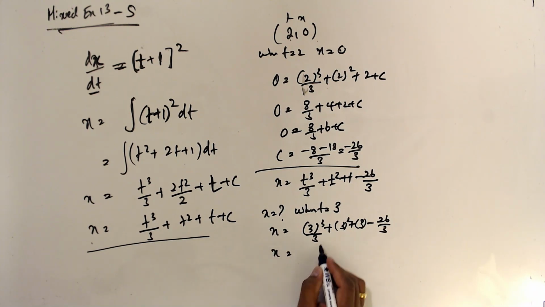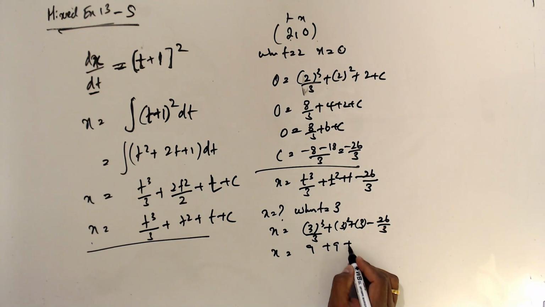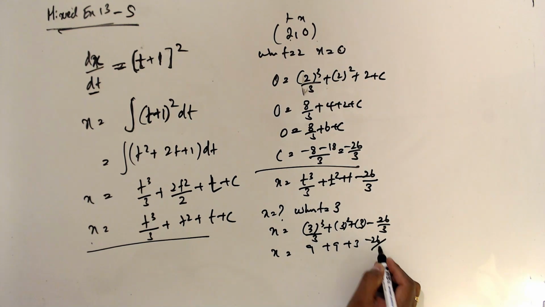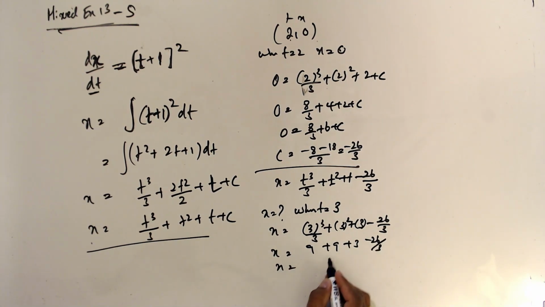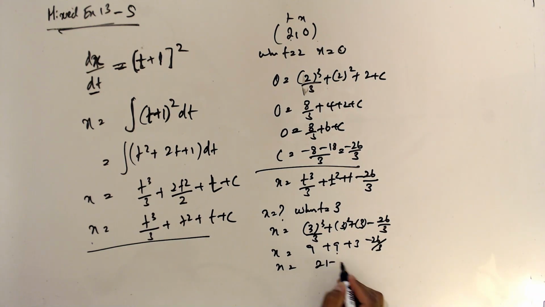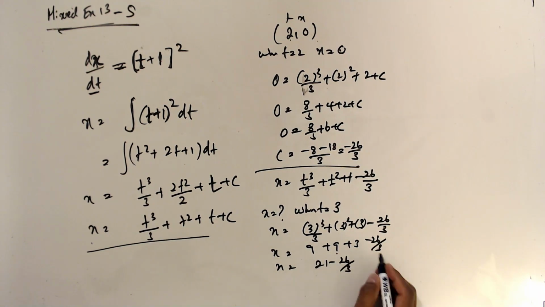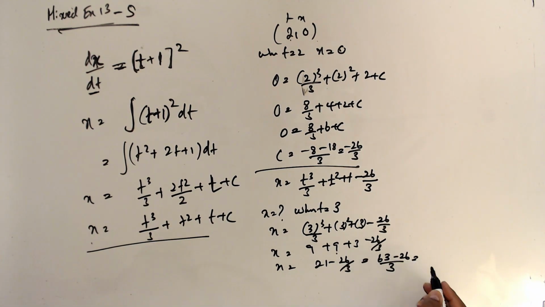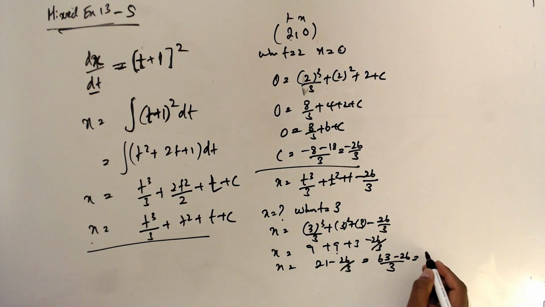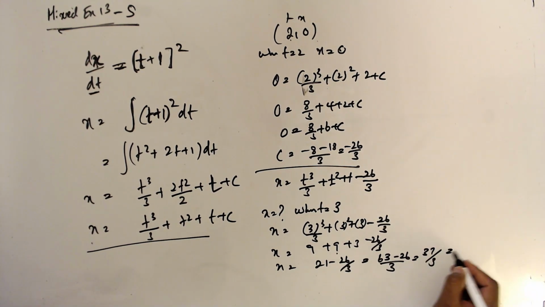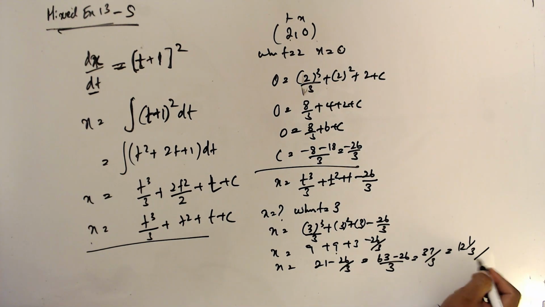So you will get 9 plus 9 plus 3 minus 26 over 3. That is 21 minus 26 over 3. So this is 63 minus 26 over 3. So that is 37 over 3, so 12 and 1 third.